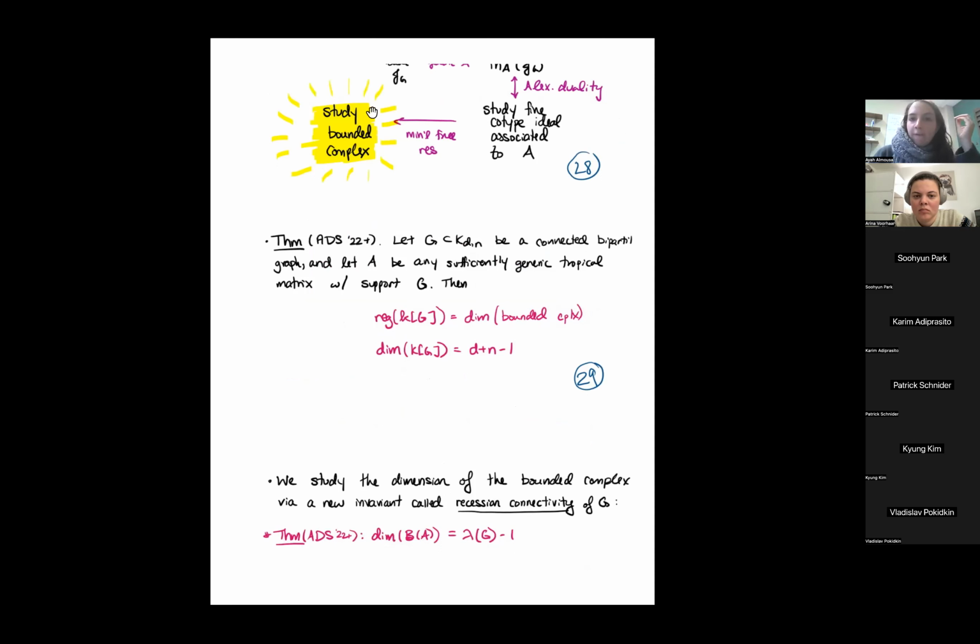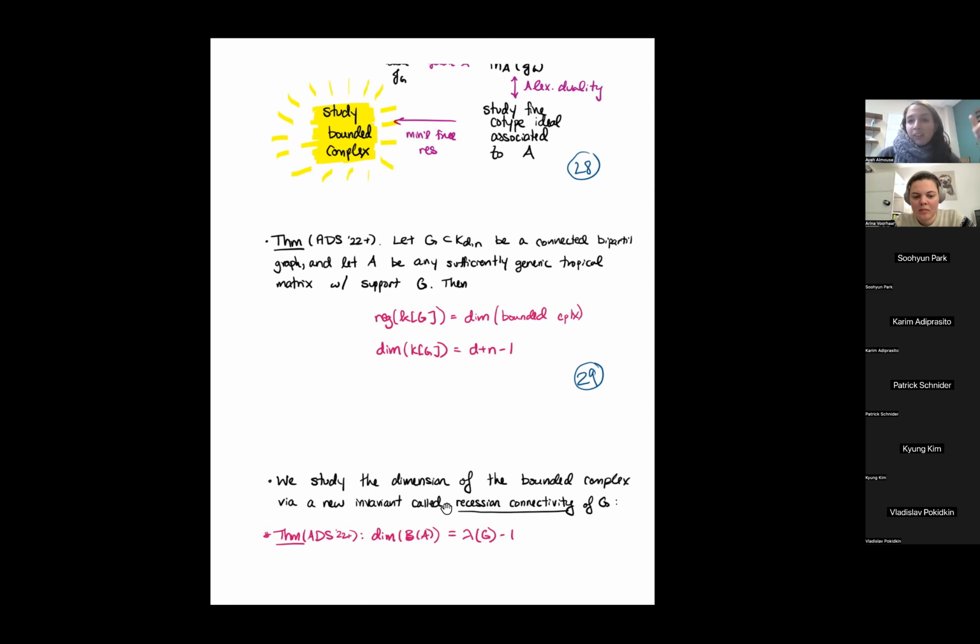And that's by following this schematic, because you take this initial ideal, it's the same. Okay, well, you resolve the Alexander dual of that, the projective dimension of that is equal to the regularity of the Alexander dual. And so that's sort of how you follow this along. And so we introduced this new tool to study the dimension of the bounded complex called the recession connectivity of G.